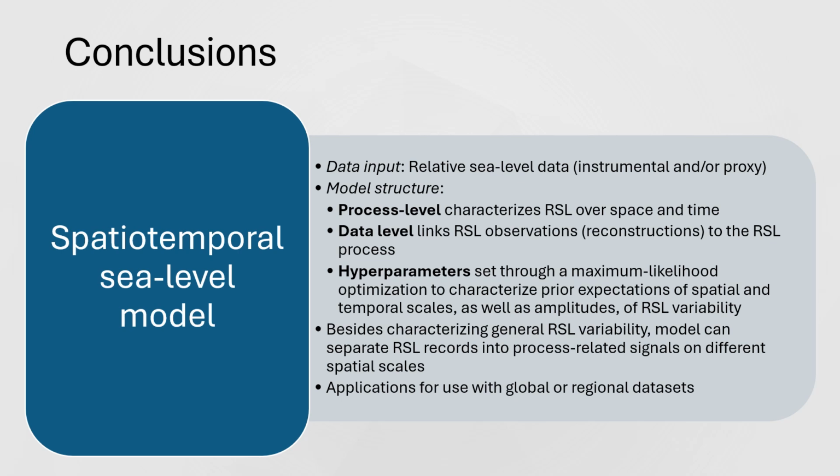So you can quantify general relative sea level variability, producing a global sea level curve and looking at individual locations. And then you can also use the model to separate relative sea level records into these process-related signals on different spatial scales. And the model has applications for use with either global or regional data sets as well.